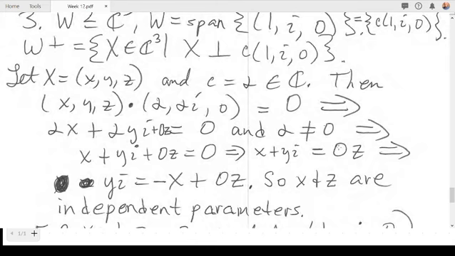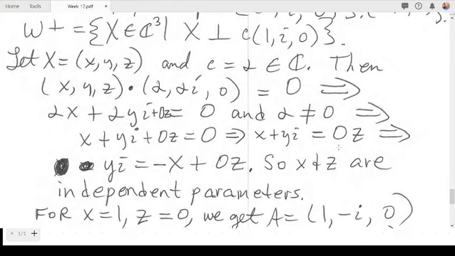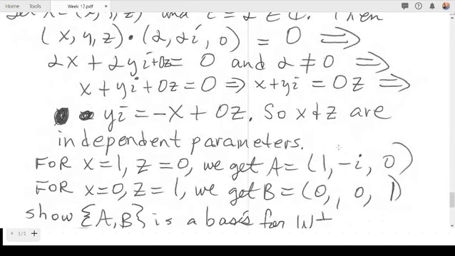You can simply take alpha to be 1 to simplify. So if alpha is just 1, then you're looking at x plus yi plus 0z equals 0, or yi equals negative x plus 0z.